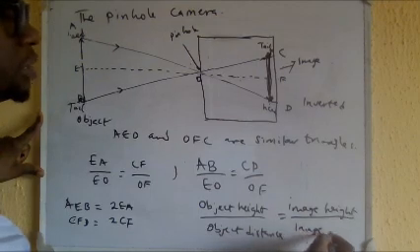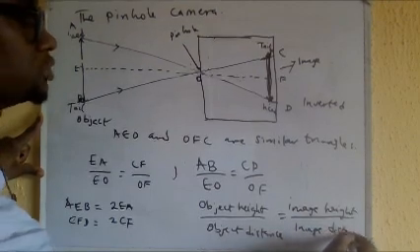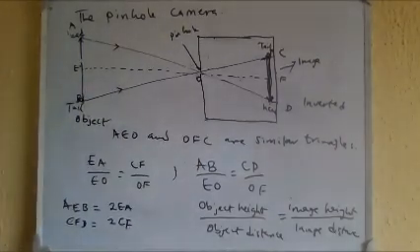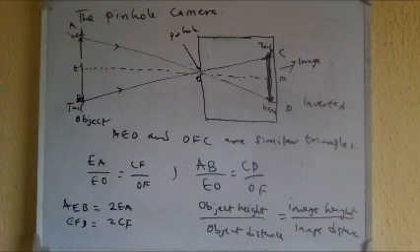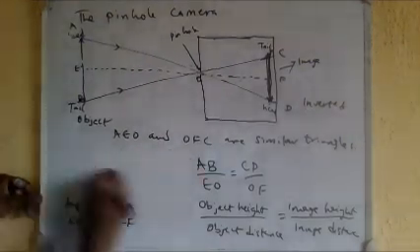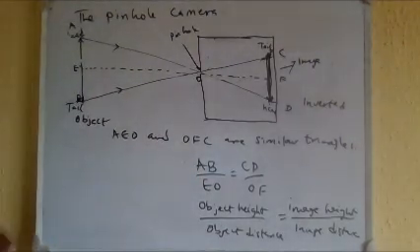So you can see the relationship between image distance, object distance, and image height, object height. This relationship is what we call magnification. Magnification is just the ratio of the image to the object.